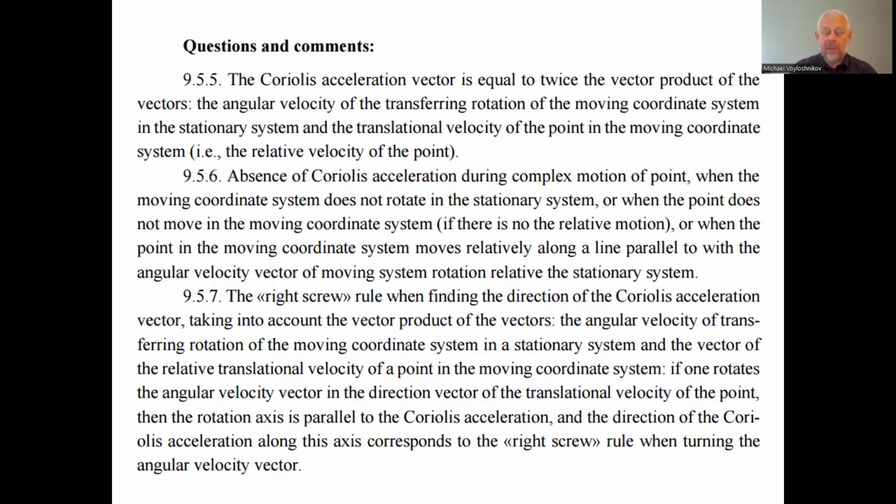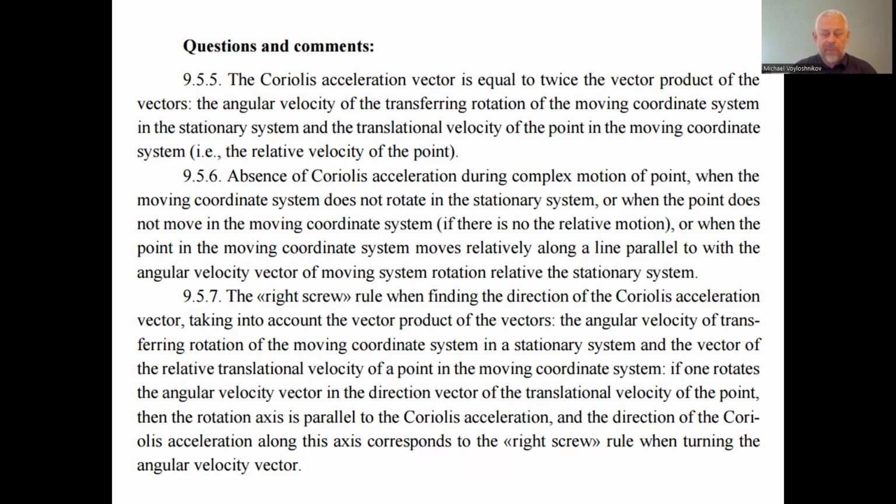So the direction of Coriolis acceleration lies on the perpendicular to both factors in the vector product: the transfer angular velocity of rotation of the moving coordinate system in the fixed one, and the relative translational velocity vector of the point in the moving coordinate system.